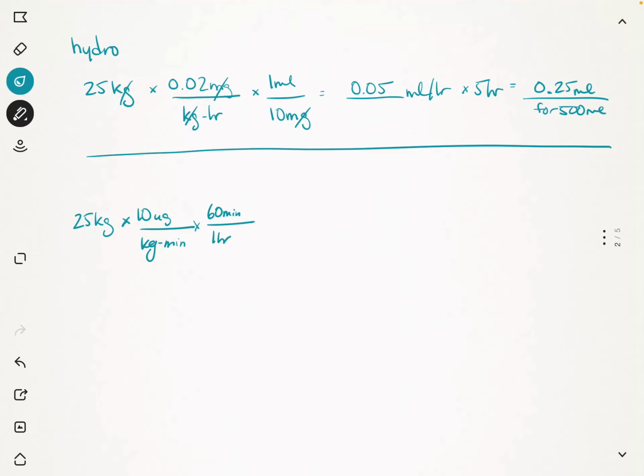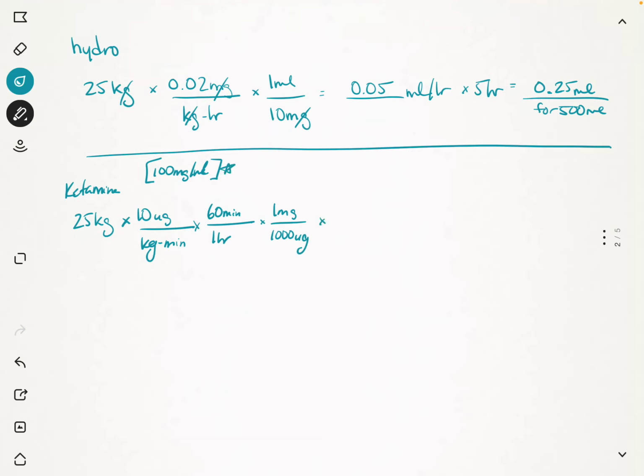Okay, so that's going to give us our micrograms per hour instead of minutes. And then the ketamine concentration was in 100 mg per ml, if we remember that. So we need a conversion factor again. So 1 milligram is 1,000 micrograms. Now we can go ahead and we can plunk this in.